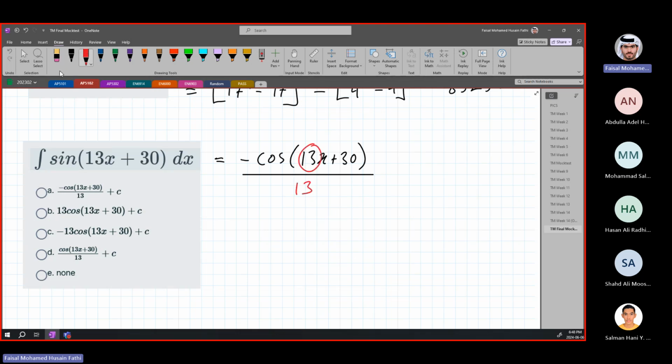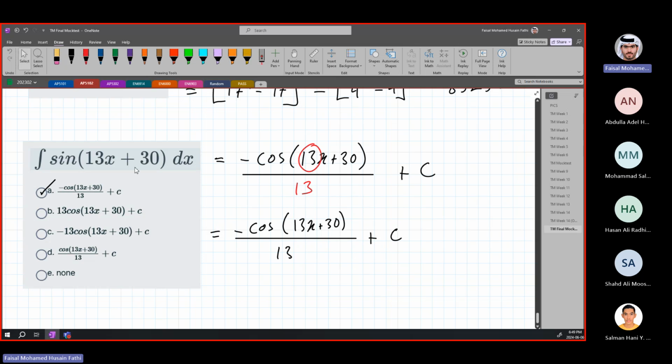So you're going to divide by 13, and then you're just going to have plus c. All right. So it's minus cosine 13x plus 30 divided by 13 plus c. It is the first one. Remember sine becomes negative cosine in integration.